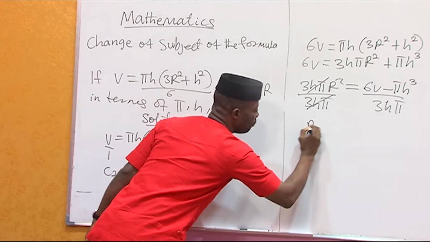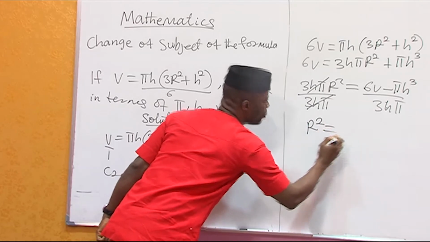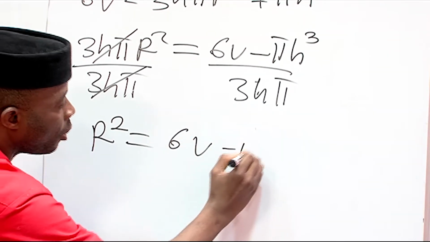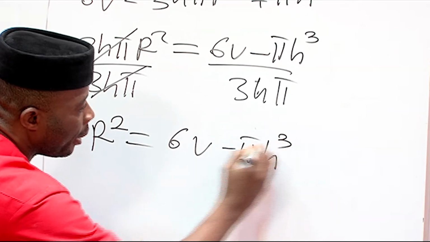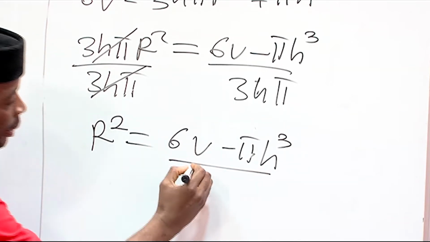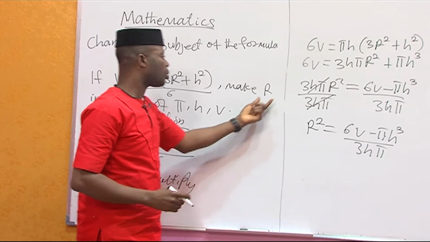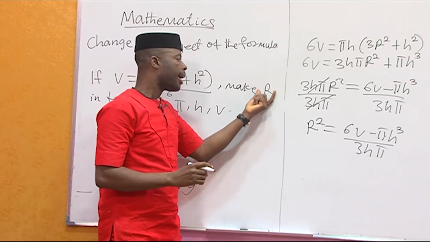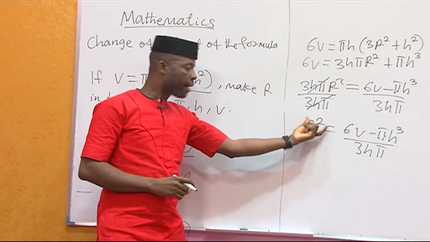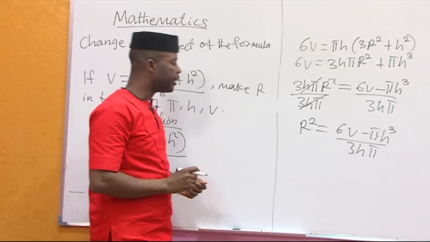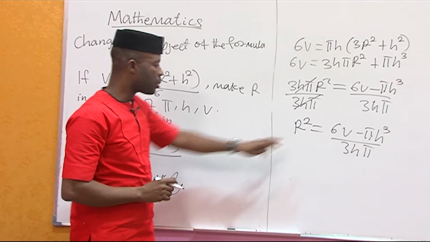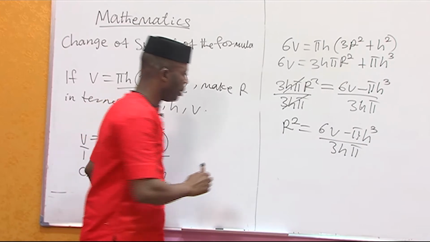Then we leave R square equals (6V minus pi h raised to power 3) all divided by 3h pi. But we are making use of ordinary R, not R square. So you divide both sides by the square.